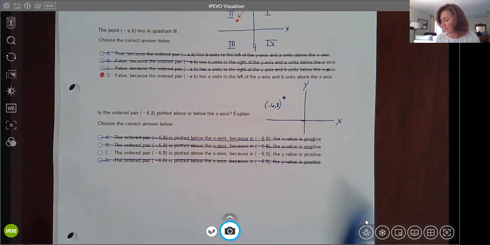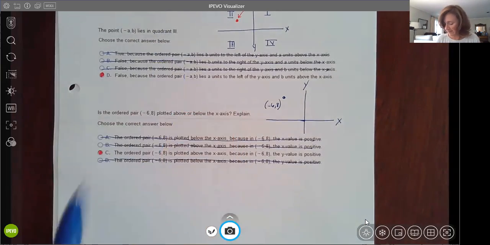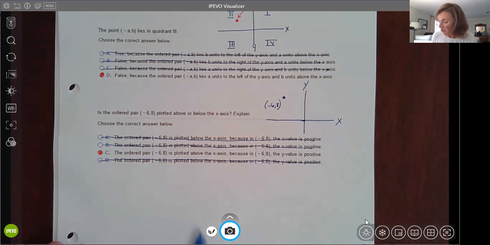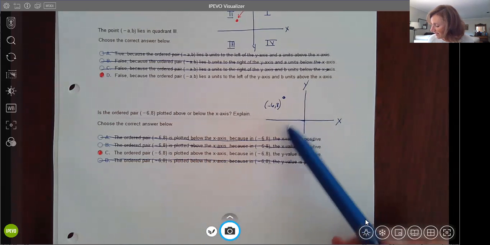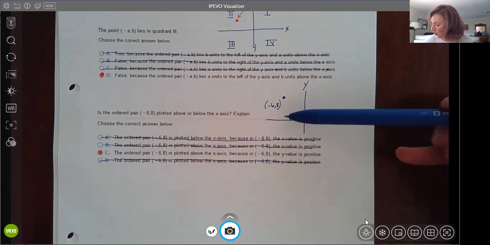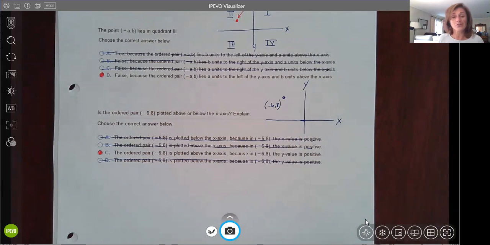All right, so I'm going to circle this, and then let's read it to make sure that's the right answer. The ordered pair, -6, 8, is plotted above the x-axis because in -6, 8, the y value is positive. Yes, so if the y value is positive, we go up from the x-axis. That one's true.